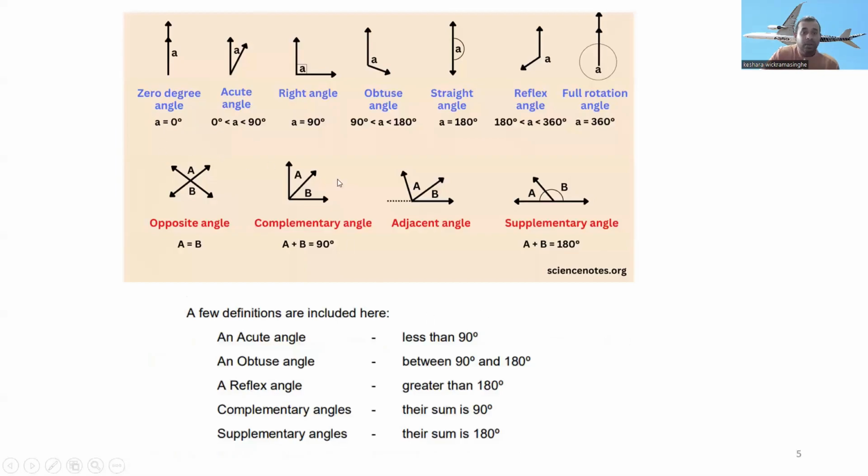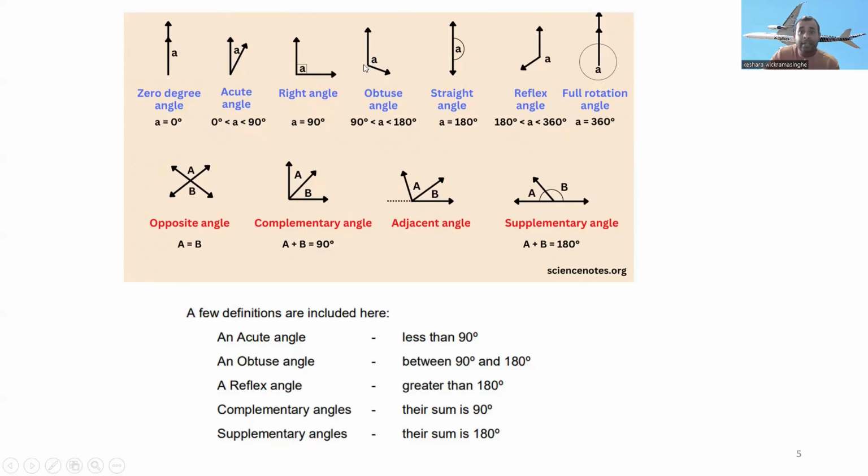Now you can see right here is the 0 degree angle. The acute angle is more than 0 degrees and less than 90 degrees. A right angle is equal to 90 degrees.